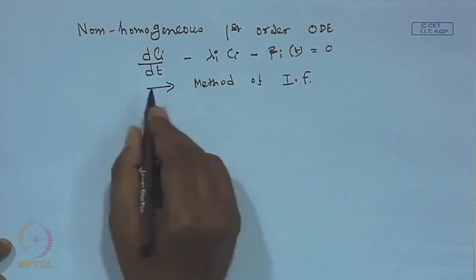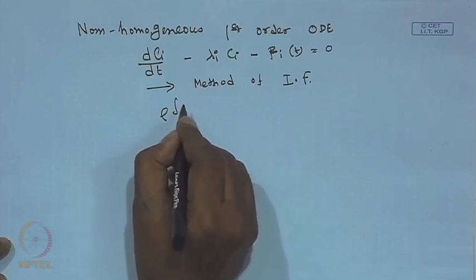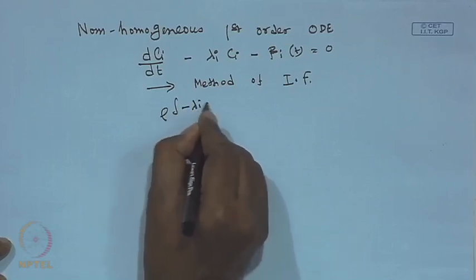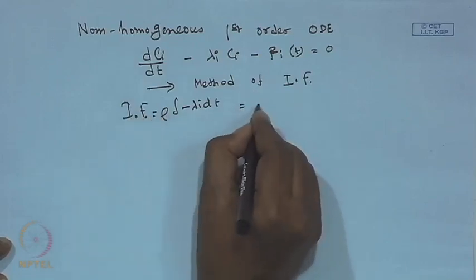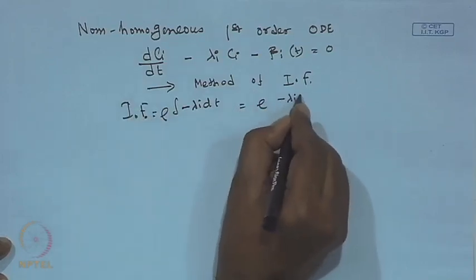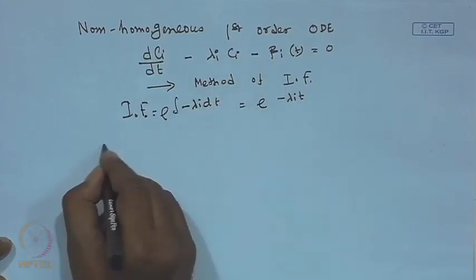So, we multiply both sides by e to the power of the integral of minus lambda_i dt. This is the integrating factor. So, this becomes e to the power minus lambda_i t. We multiply both sides by e to the power minus lambda_i t.